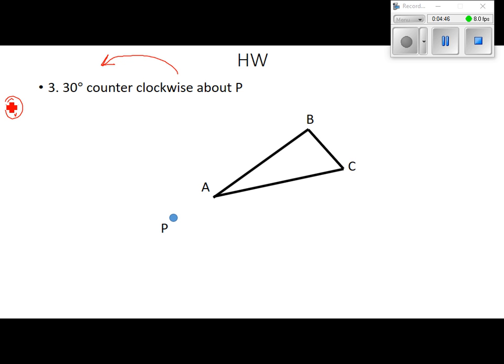Like the amount of turn. Same shape, it should look the same. What else? Around P. Going the right direction. Direction. Those are the three things I'm gonna look for.